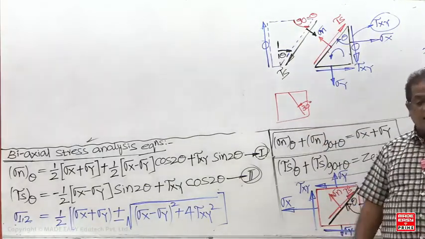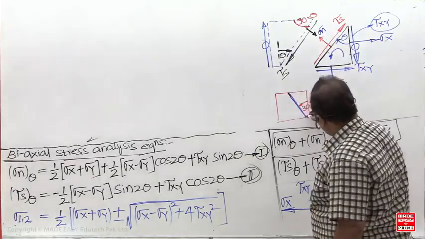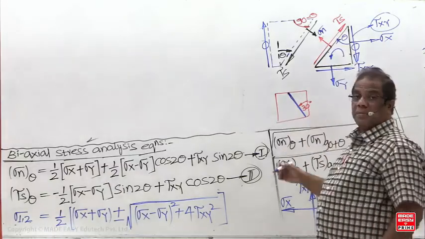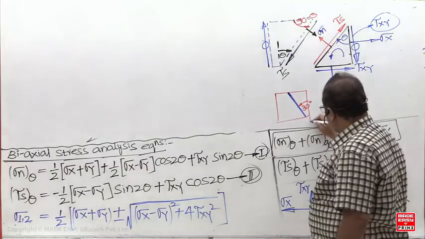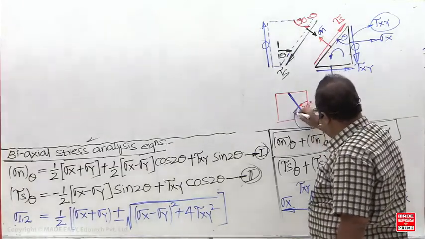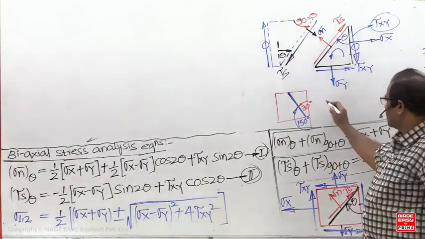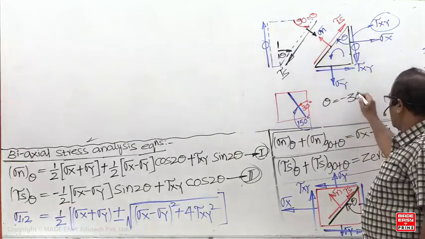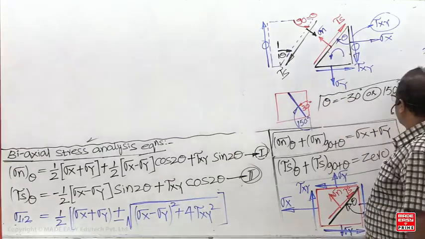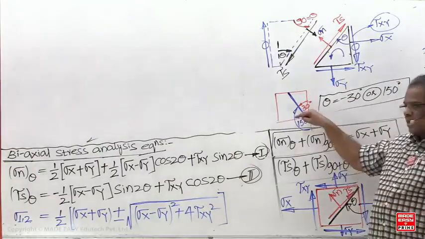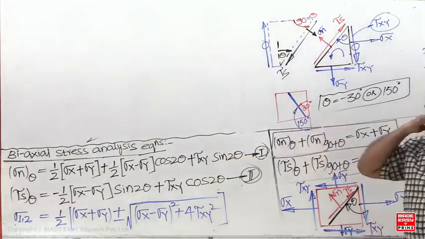Either you can take minus 30, or the other angle, 150. Since anti-clockwise is opposite to the assumed direction, minus 30. As per our direction, 150. You put either one, you are going to get the same result.